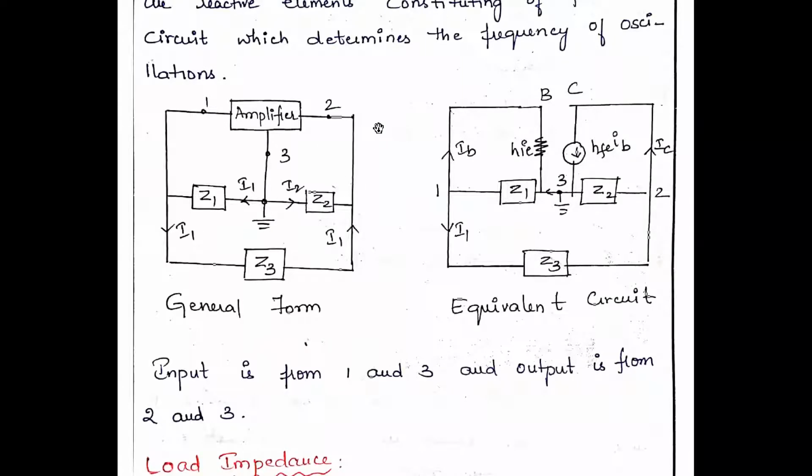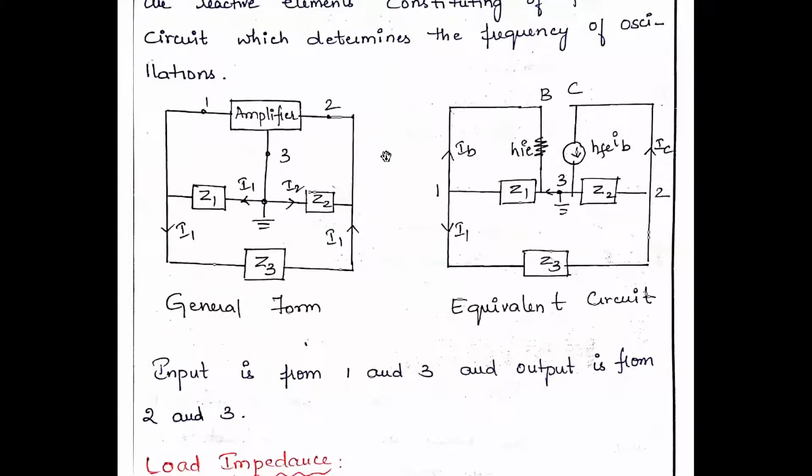We have amplifier, Z1, Z2, Z3. In the case of Hartley oscillator, Z1, Z2 are inductors, Z3 is capacitor. In the case of Colpitts oscillator, Z1, Z2 are capacitors, Z3 is inductor.